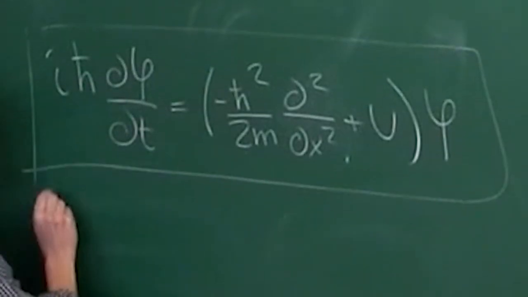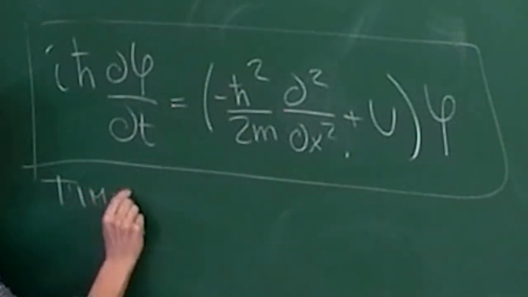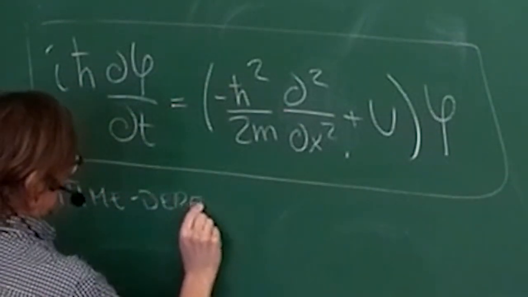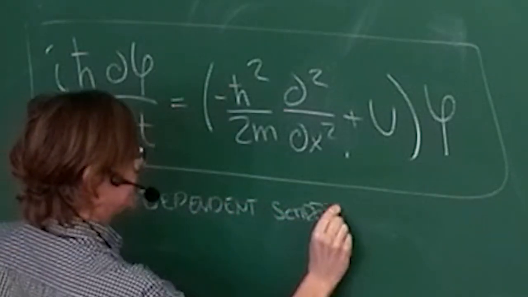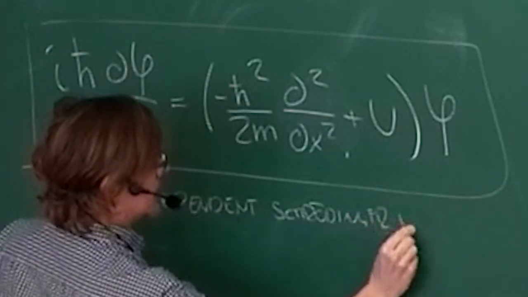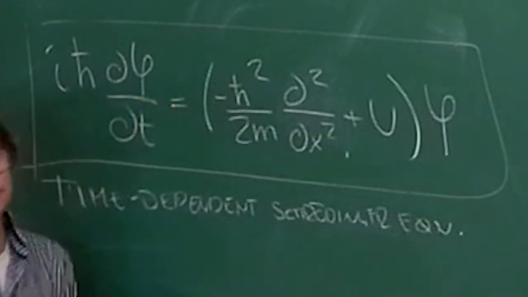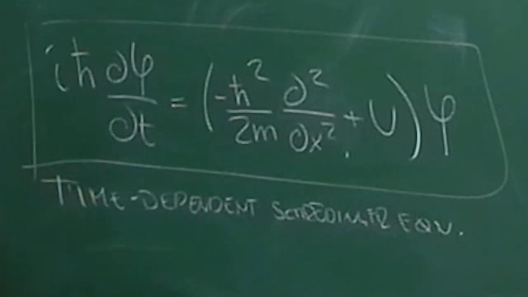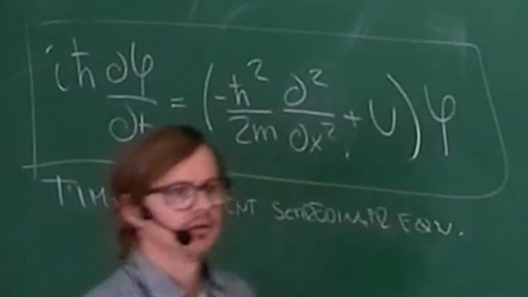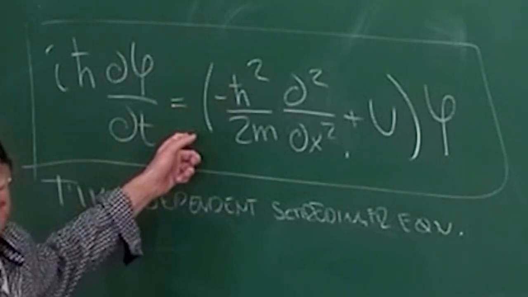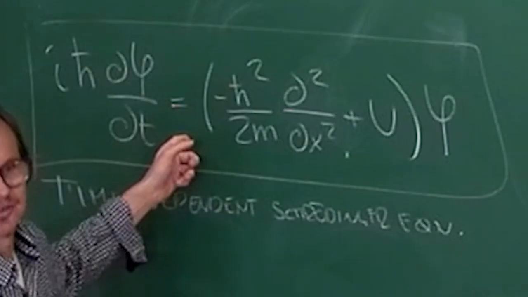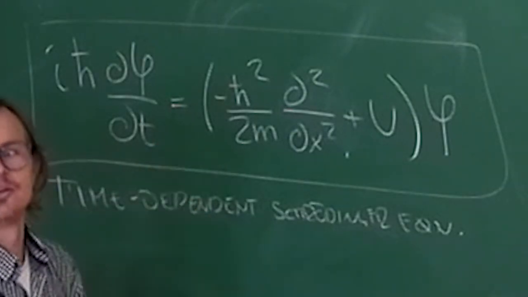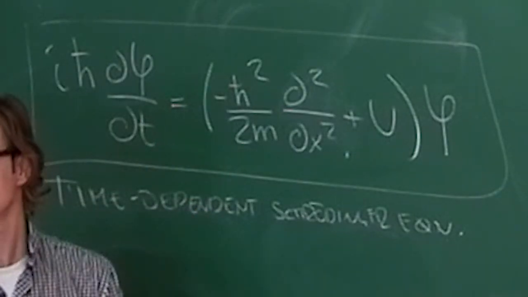And this is then the time dependent Schrödinger equation. Of course, we have not derived it. We have just made it appear plausible that we have this. You cannot really derive the Schrödinger equation like that. Just like you cannot derive Newton's laws of classical physics.